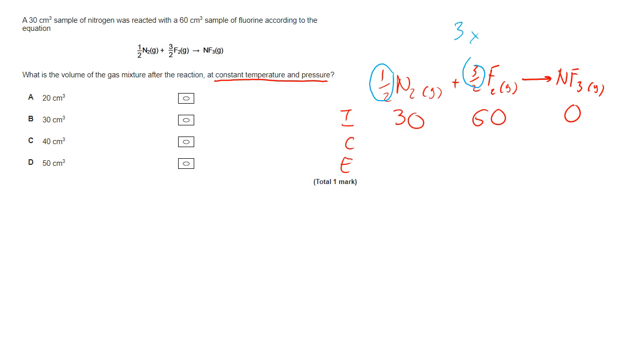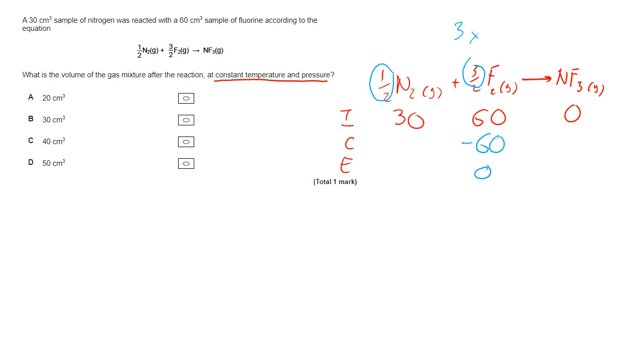I've got 3 times as much fluorine as I've got nitrogen. So the fluorine has to get used up 3 times quicker. If it gets used up 3 times quicker, I need at least 3 times more of it. 60 is not 3 times bigger than 30. And because 60 is not 3 times bigger than 30, fluorine has to be my limiting reagent. It's going to get used up first.